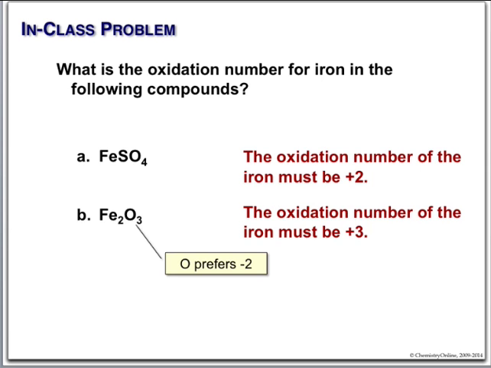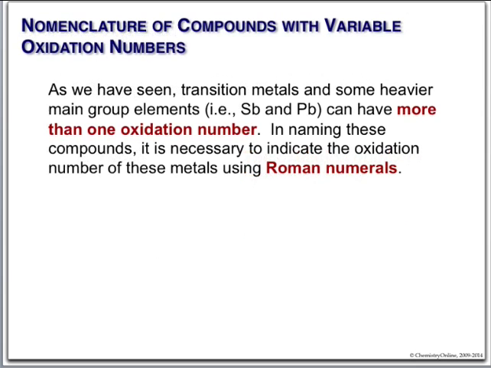All right, let's finally work this into our nomenclature. Remember the example we saw with nickel. We're going to show the charge in parentheses in Roman numerals. That's all. So here we have lead oxide, right? We have 2 oxygens, that means this lead must be +4.